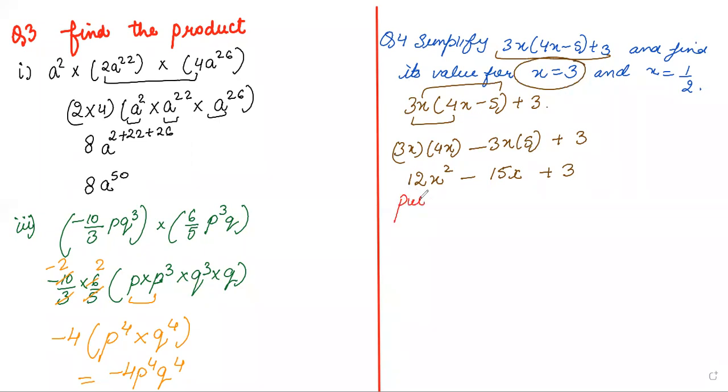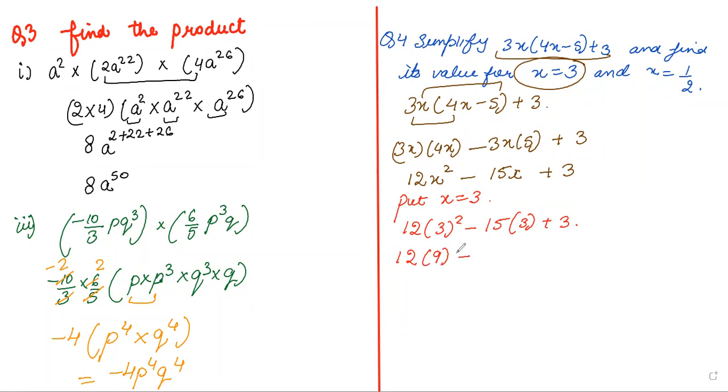Now put x is equals to 3 in the above equation. So 12 into 3 square minus 15 into 3 plus 3. Write 12 as it is. 3 square is 9.